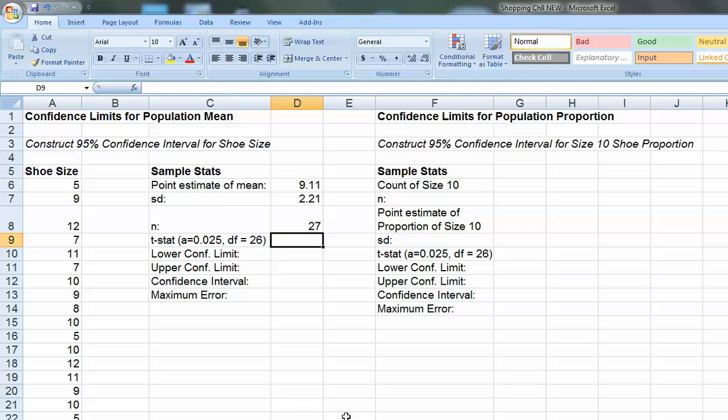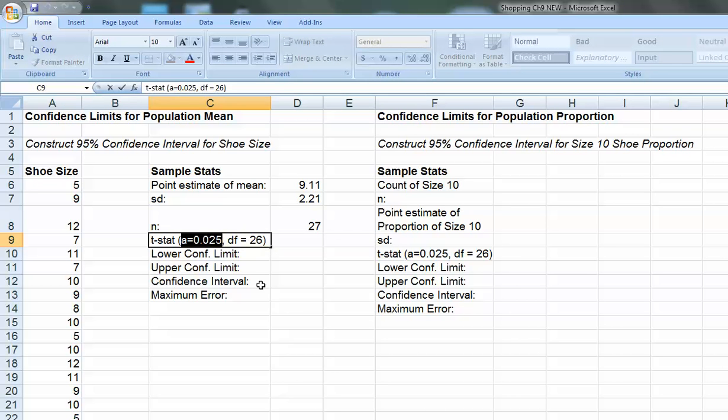When we're looking for the t-statistic, we need two parameters, and I've listed them here. It's the confidence level, and our confidence level for the problem I'm doing is 95%. I believe yours is the same. And the degrees of freedom, which are simply equal to n minus 1, is 26.